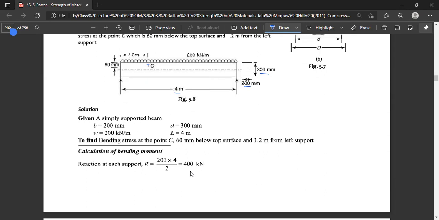The reaction at each support is half of the total load. The load per unit length is 200 kilonewton per meter, so it is 200 multiplied by the 4 meter length divided by 2, because this load is equally shared by both end supports. So this will be equal to 400 kilonewton.